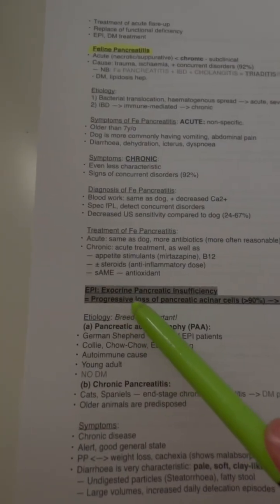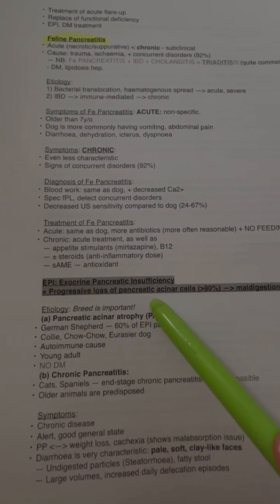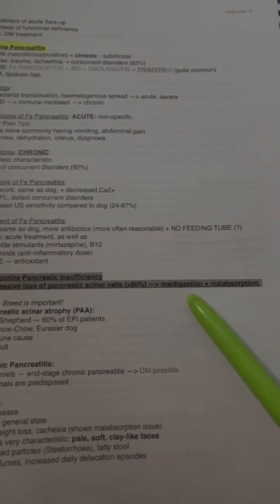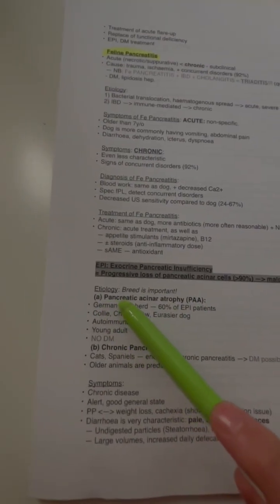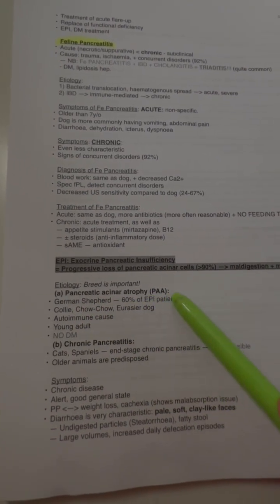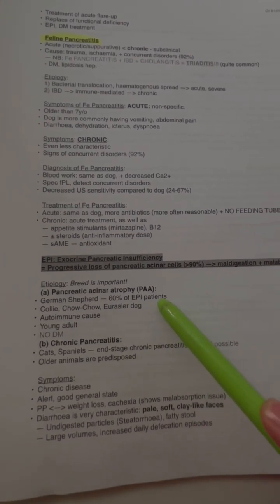In exocrine pancreatic insufficiency, this is a progressive loss of the pancreatic acinar cells, over 90%, which leads to maldigestion and malabsorption. For the etiology, breed is important. In pancreatic acinar atrophy, PAA, German Shepherds make up 60% of the EPI patients.